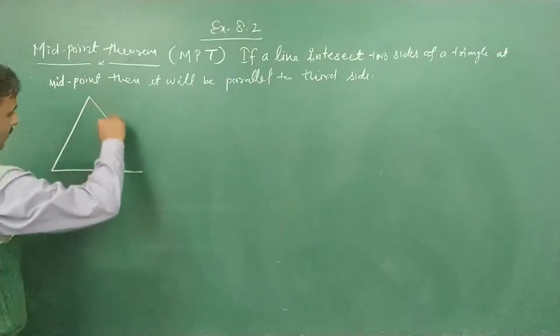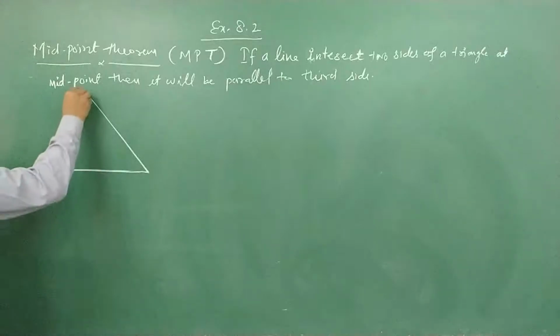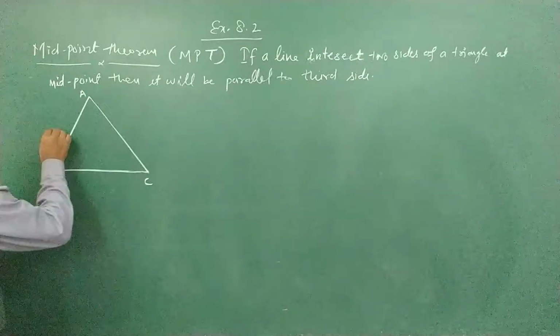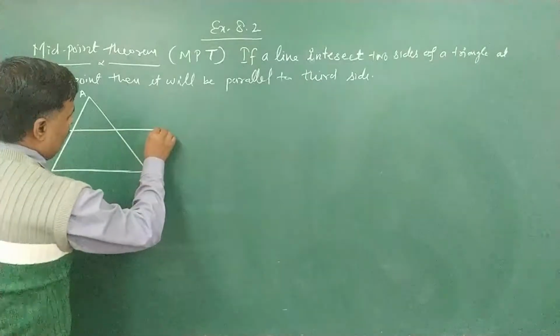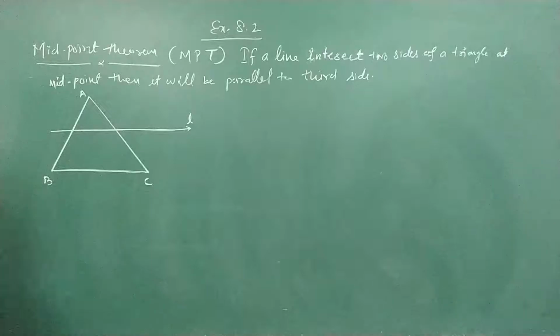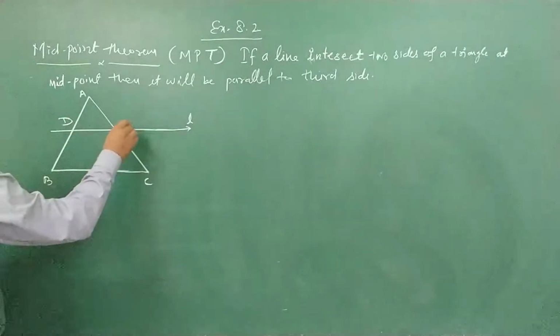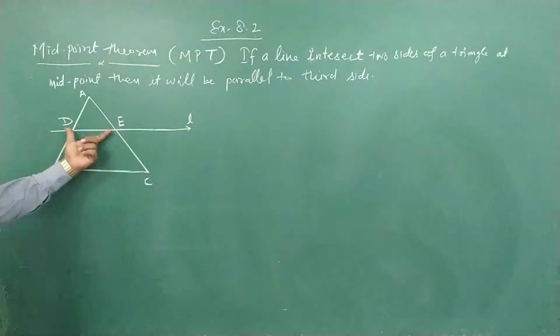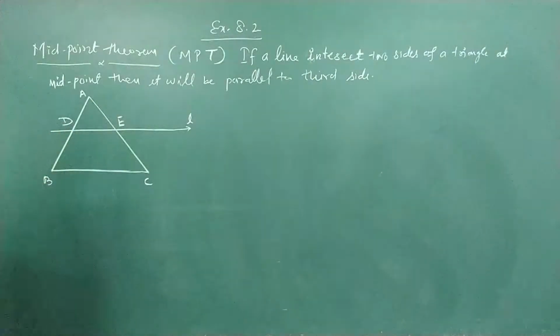Suppose ABC is a triangle where L is a line that intersects AB at D and AC at E. So we are proving that DE is parallel to BC. So what is given?